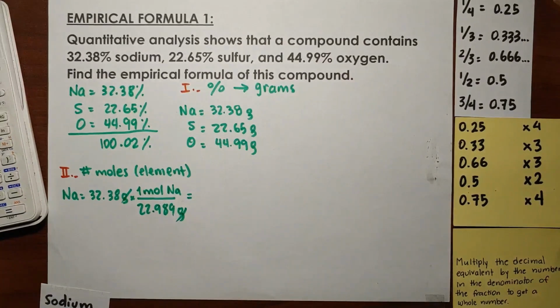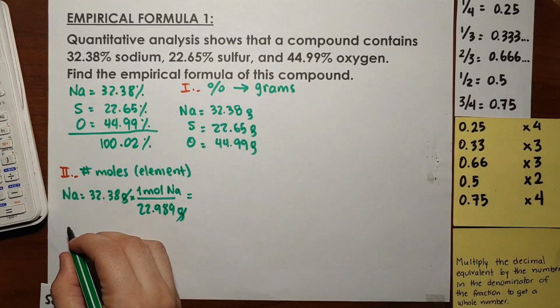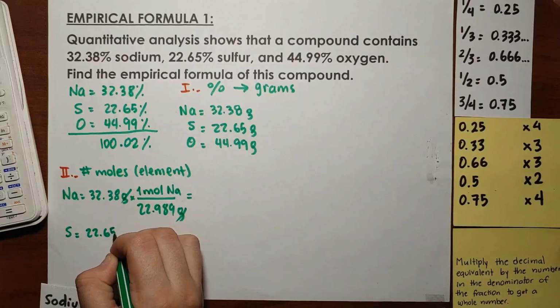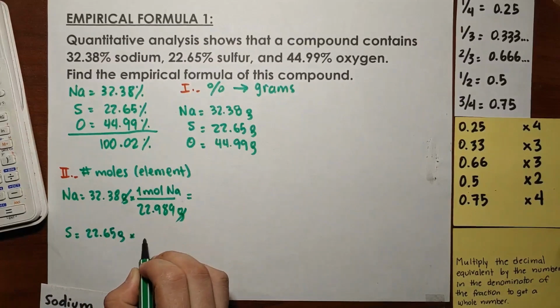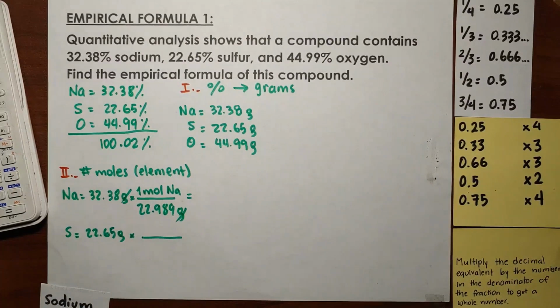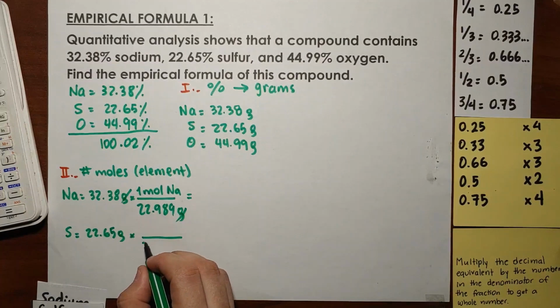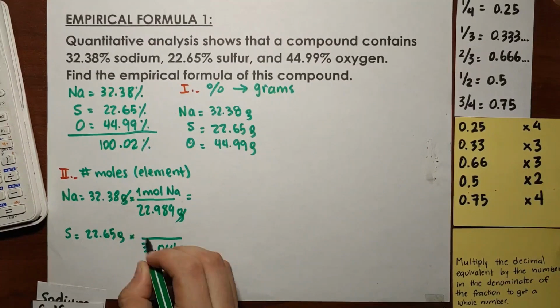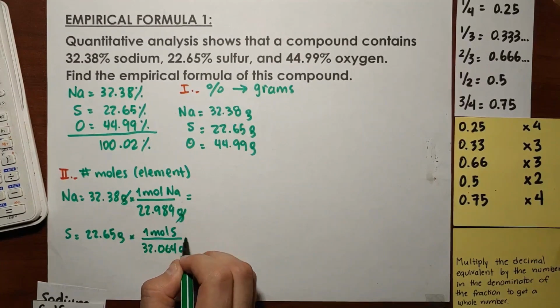For sulfur I have 22.65 grams times my molar mass as a conversion factor, that is 32.064 grams in 1 mole of sulfur.